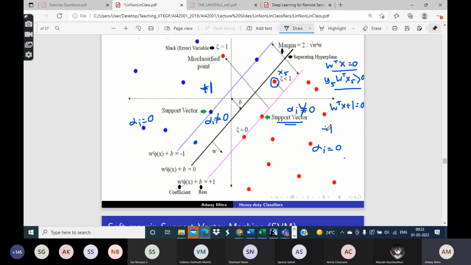So these points, they are all -1 points, and they are correctly classified with respect to this marginal classifier, but this one is not correctly classified with respect to this marginal classifier.